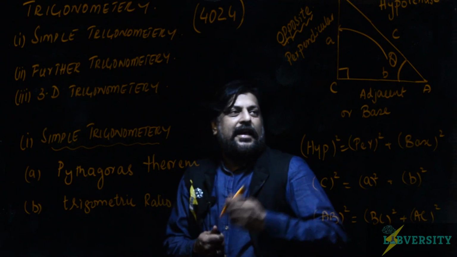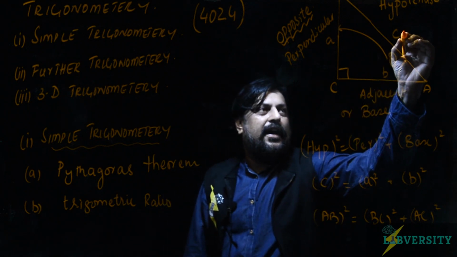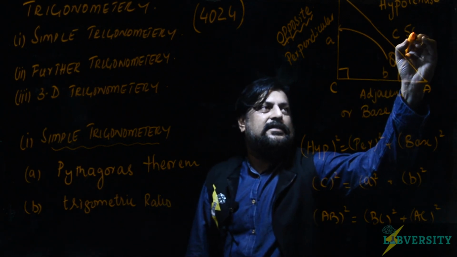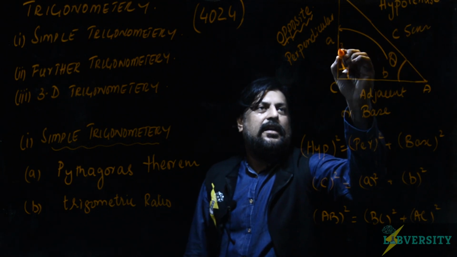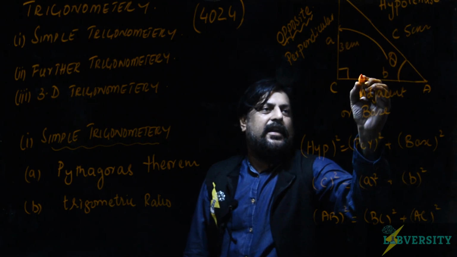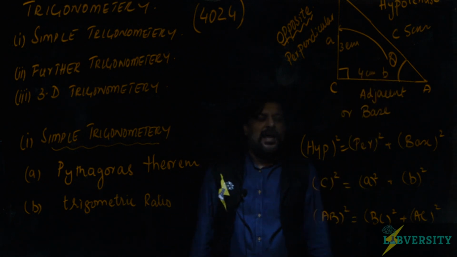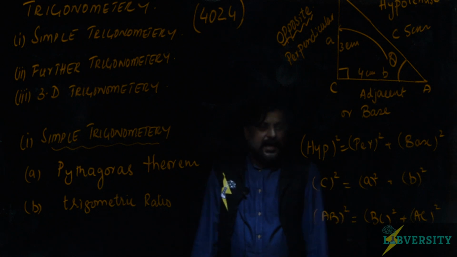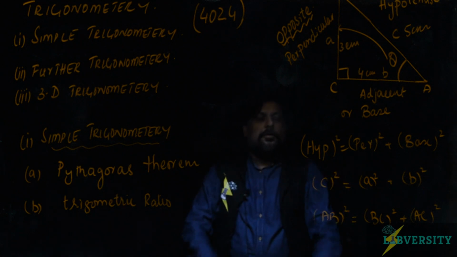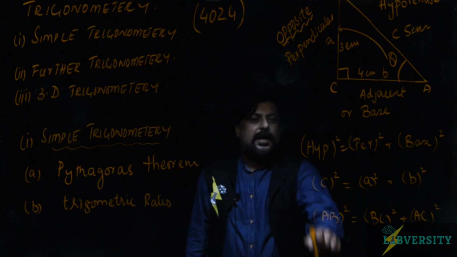Let's take, if this side is 5, this side is 3, and this side is 4 centimeters. If it is a right angle triangle, meaning at some angle it is 90 degrees, it must follow Pythagoras theorem.